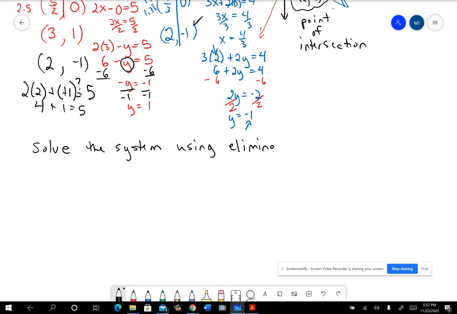Some books call it elimination. I know a lot of you use other videos. You might also see it called the addition method. So solve the system of equations using addition or elimination. And they might say the addition or elimination method.